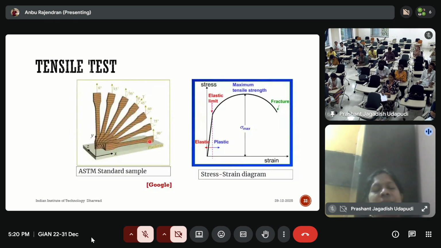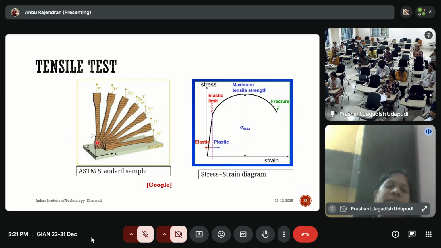You have to prepare the standard sample, load it in the machine, and apply the load, so you will get the stress strain curve. By using the stress strain curve, you can get information on strength, ductility, toughness, all the basic mechanical properties can be measured by the tensile test.